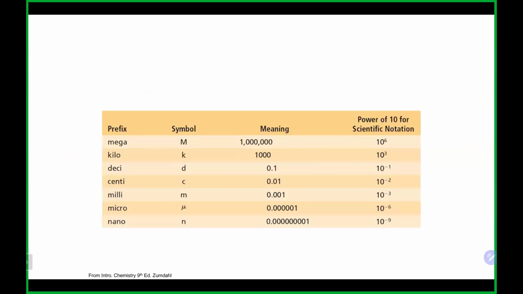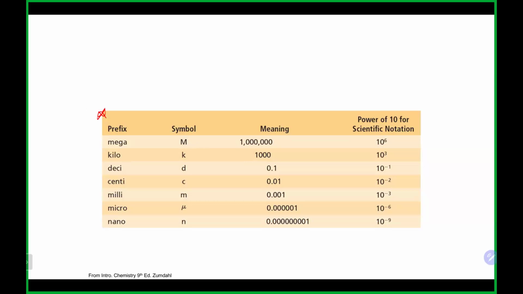Now, when we use something like the metric system, oftentimes we use prefixes to change the meaning of the value. And we have these prefixes here: mega, kilo, deci, centi, milli, micro, and nano. I would say in chemistry, you see pretty much most of these as you go through, not only this class, but as you continue on in 1A and 1B.